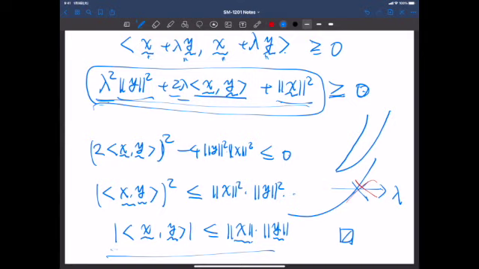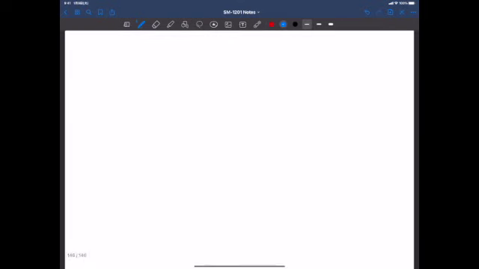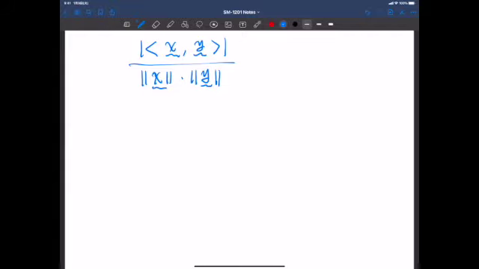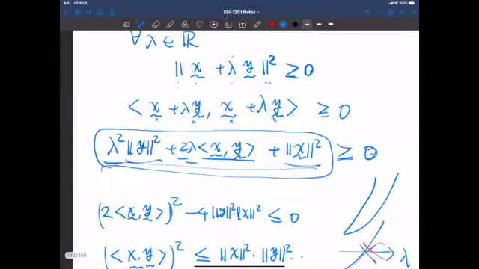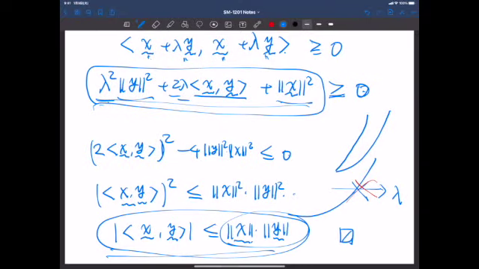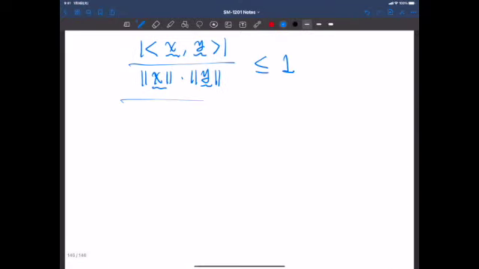Now, because of this inequality, we can be sure that this dot product between x and y divided by the product of moduli of x and y is less than or equal to 1 in absolute value. So if we divide both sides by this, we have this.